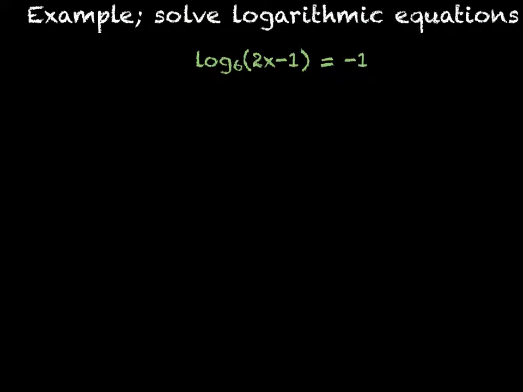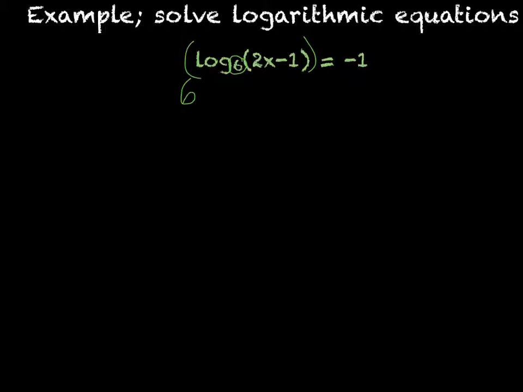So in this first example, we have log base 6 of 2x minus 1 equals negative 1. Since I only have one logarithm, I'm going to do option 2, where I exponentiate. So that means I'm going to make that log base 6 of 2x minus 1 an exponent. And since my base is 6, it's going to be 6 to the power of log base 6 of 2x minus 1.